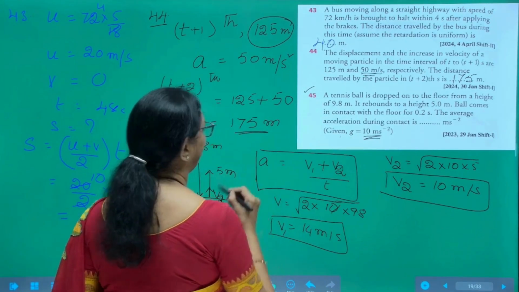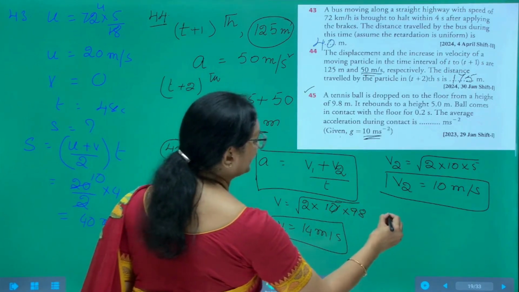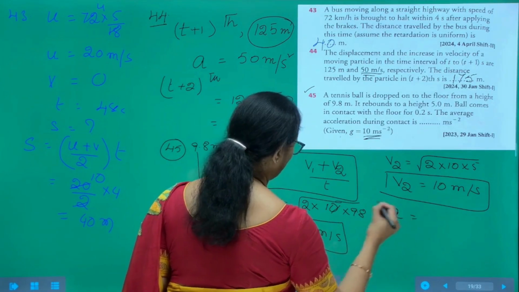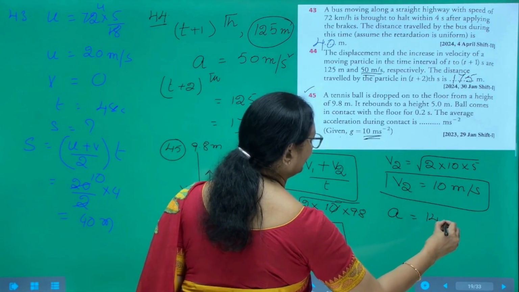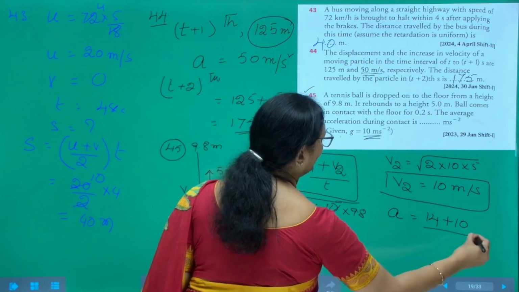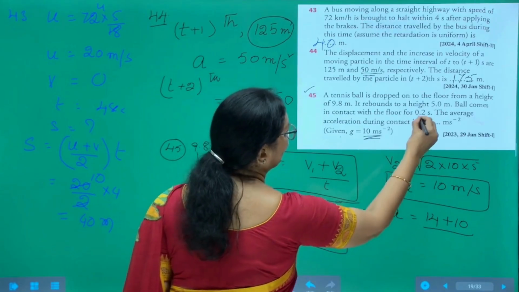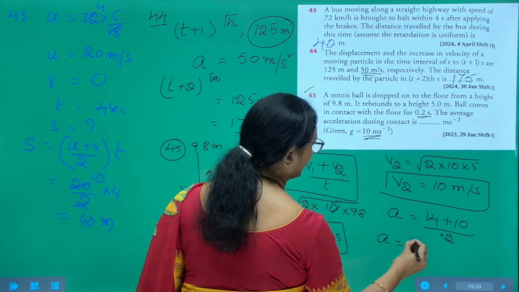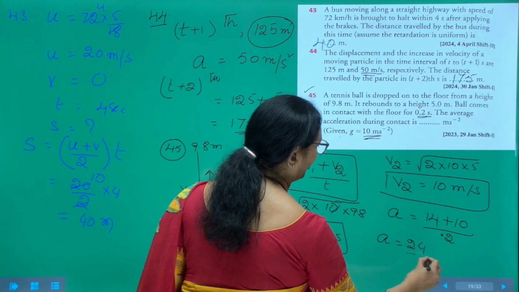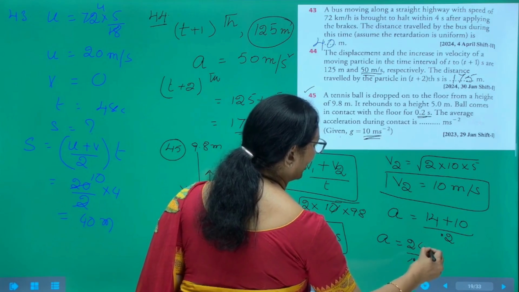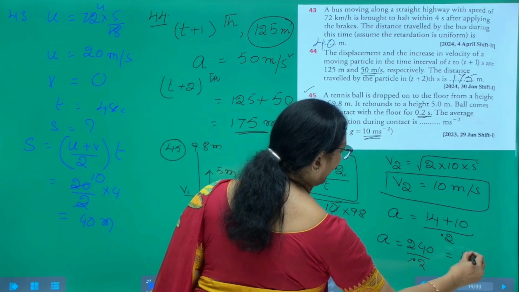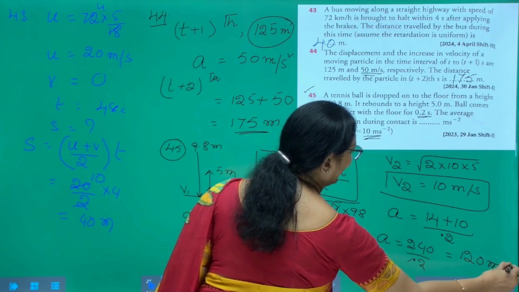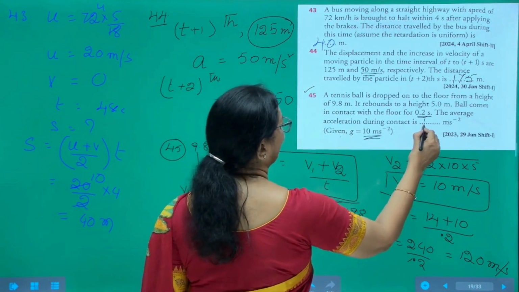Substituting v1 and v2 in this formula, what is the acceleration? Acceleration is v1 plus v2 by t. Contact time is 0.2 seconds. So, acceleration is 24 by 0.2, or 240 by 2, or it is 120 meter per second square.